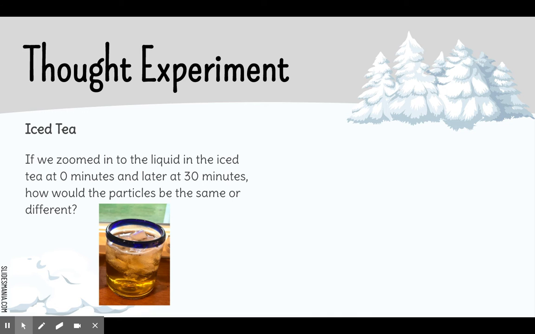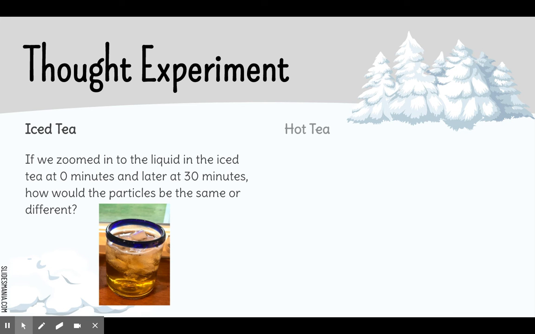What would those particles look like? They're still going to be separated, kind of loosey goosey. That's why they're liquid, but closer together. At 30 minutes, when maybe all the ice has melted, the tea's not as cold as it was at the very beginning, those particles are still going to be loosey goosey, but they might be spread apart a little bit more.